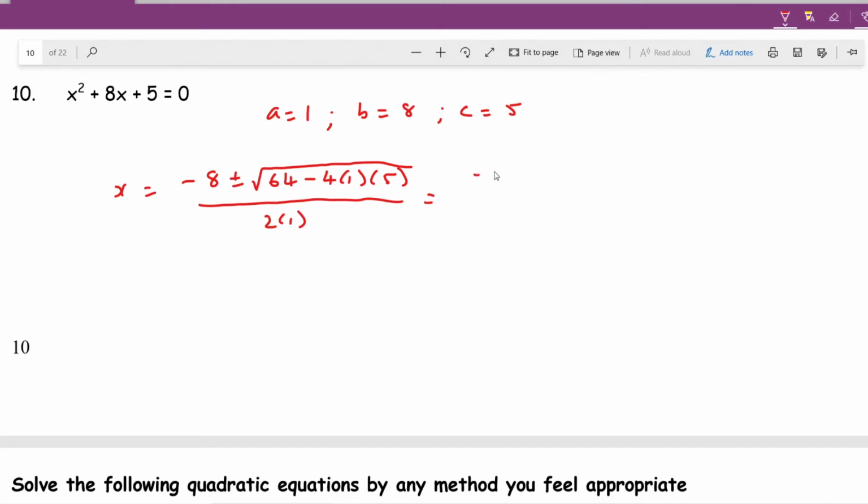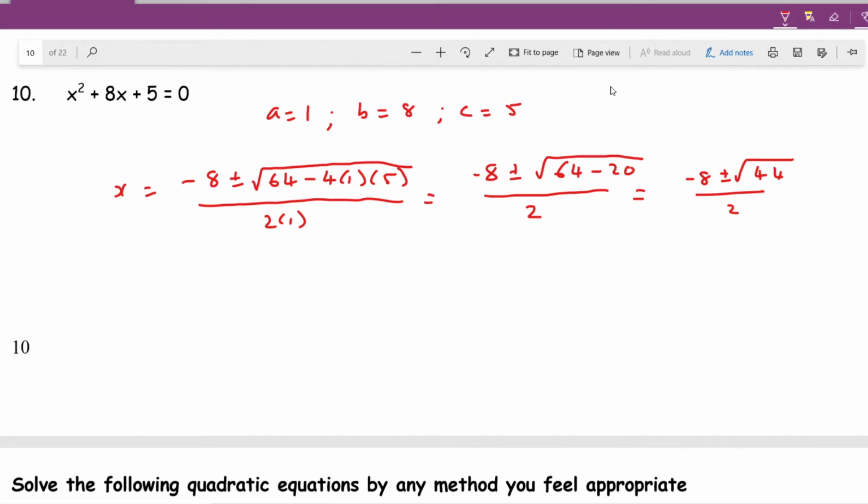So we get minus 8 plus or minus, we're going to end up with 64 take away 20, square root that, all over 2, which gives me minus 8 plus or minus root 44 over 2.